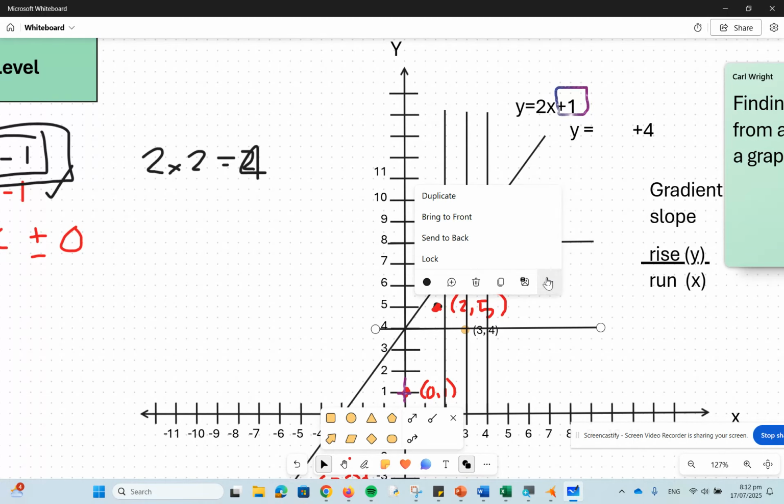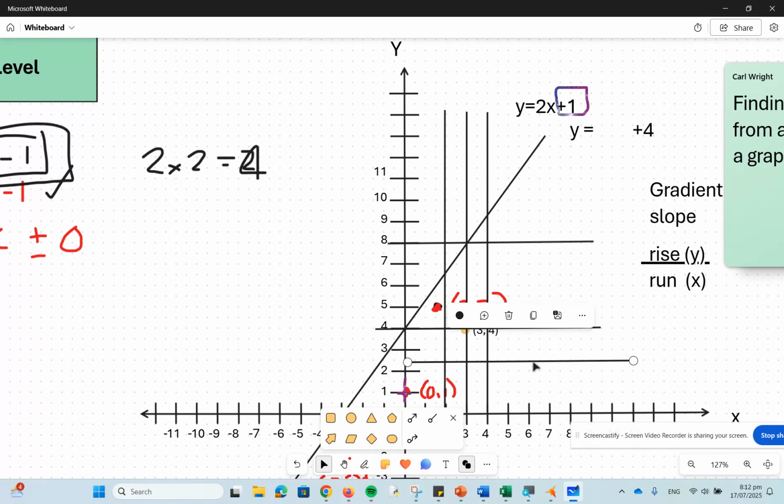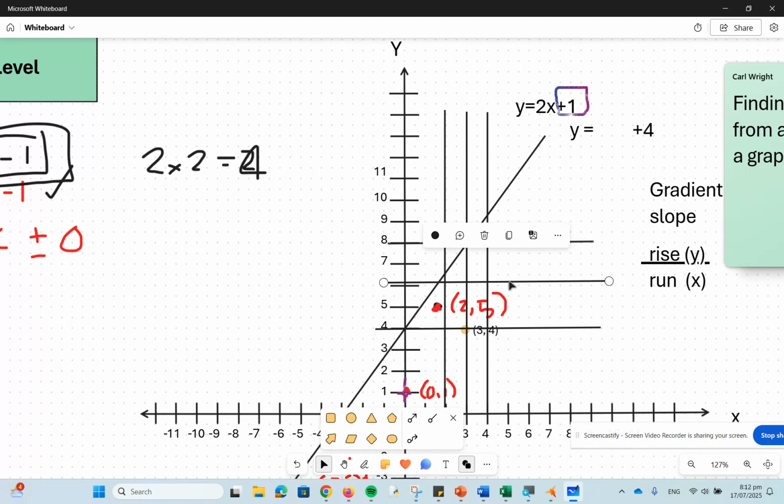And copy another one. Is there one there? No.